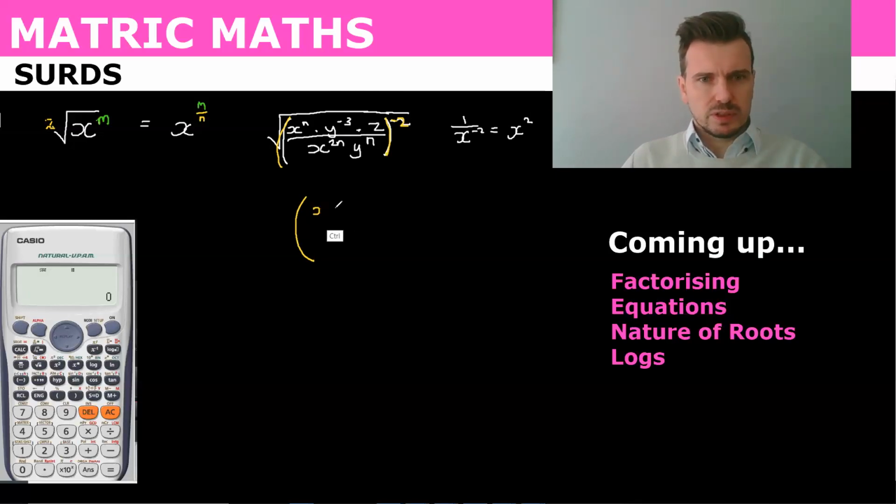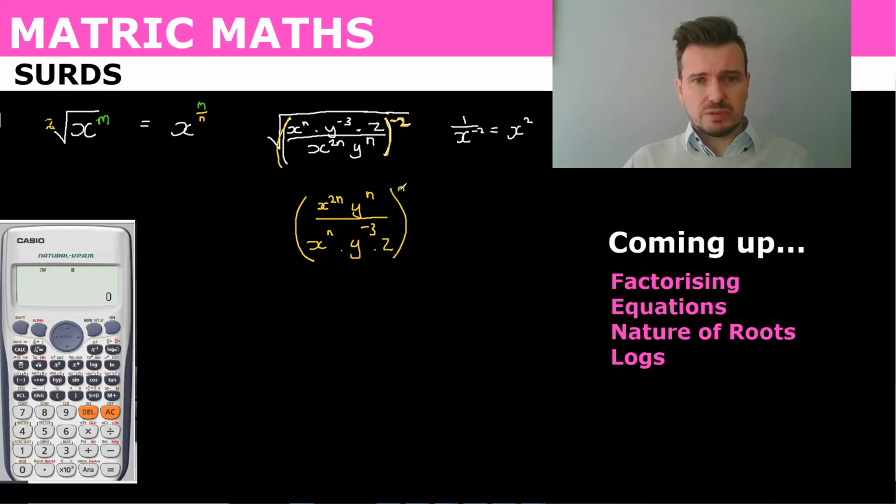So the x to the 2, which was at the bottom, goes here at the top. The y to the n goes to the top. We have x to the n now goes to the bottom. Y to the minus 3 goes to the bottom. And z goes to the bottom.